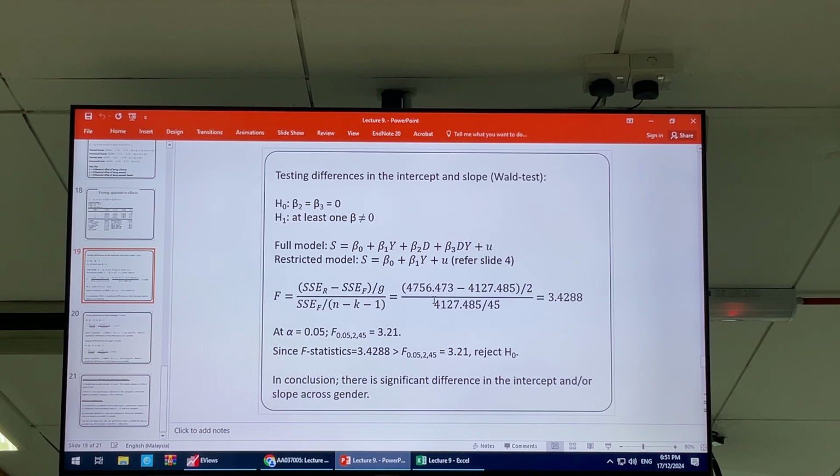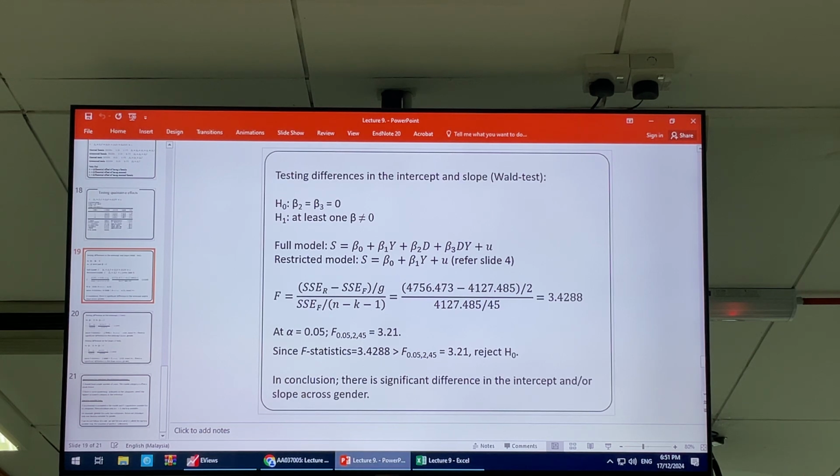For this manual calculation, I leave it to you to do later. You need to estimate the full model that has all the variables, and then the restricted model where the coefficients are 0, so you estimate the model without those variables, and you get the SSE for that model.